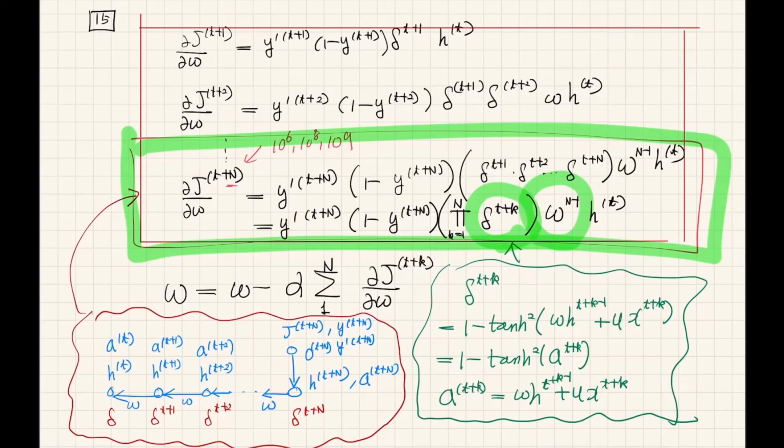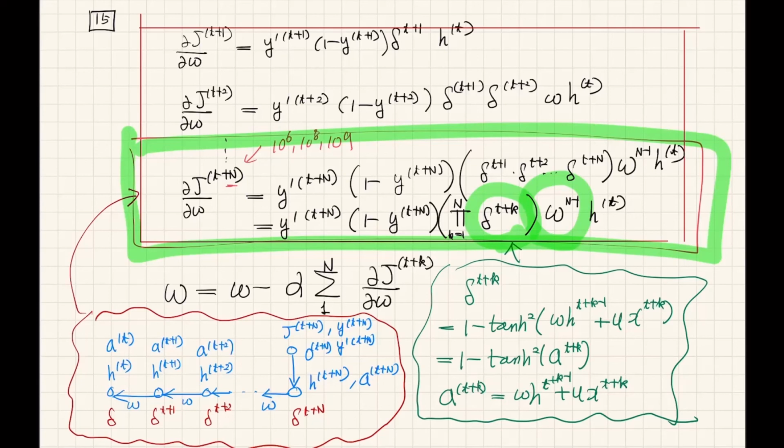So now let's take a look at this equation again. Remember that W is multiplied so many times, and this delta is the tangent hyperbolic function, so its range is between 1 and -1, so we don't need to worry about that much.